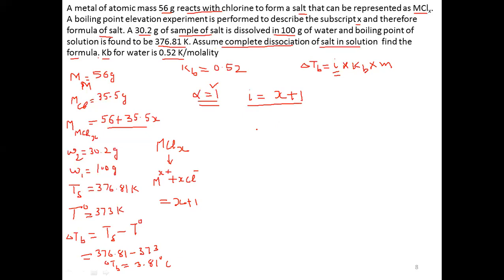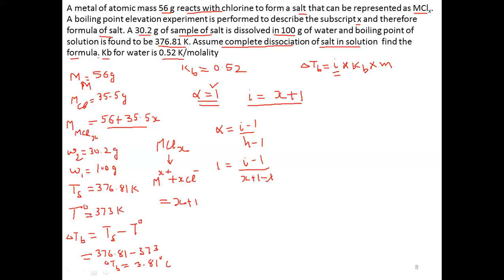Alternatively, we can also calculate it from our previous formula. We have alpha is equal to (i minus 1) upon (n minus 1). So alpha is 1, so 1 is equal to (i minus 1) divided by (n minus 1), where n is the number of ions that it furnishes, which is x plus 1.